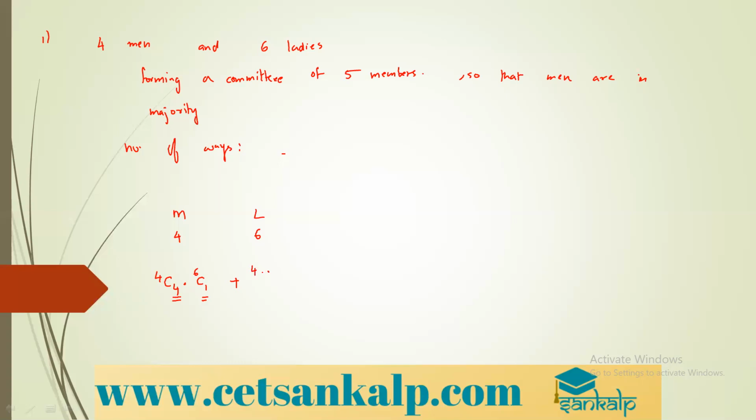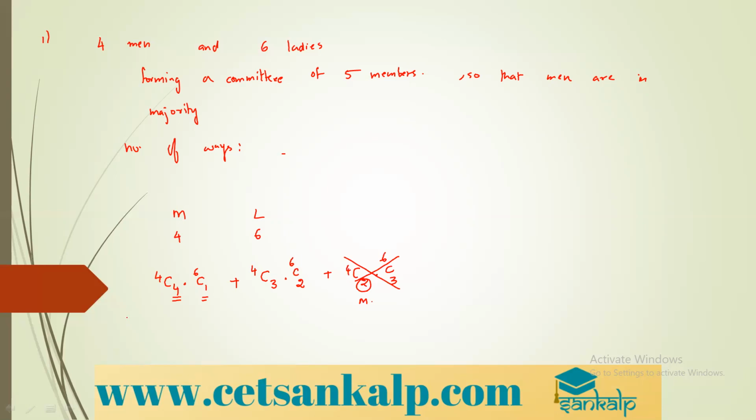From 4 men, you can select 3 men, and the remaining 2 members can be selected from 6 ladies. Next, you cannot take 2 men from 4 and the remaining 3 from 6 ladies, because men are not in majority. Men should be in majority. So only 2 cases.